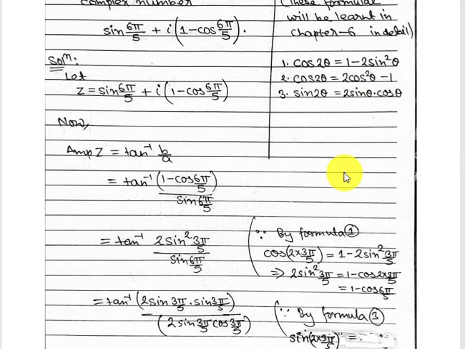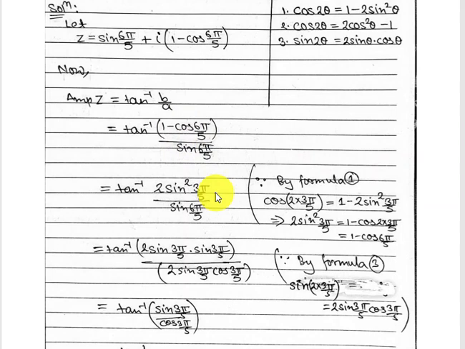So here we have something like that: 1 minus cos 6 pi upon 5. That means I have 1 minus cos 2 times 3 pi upon 5, then we'll get 2 sine square 3 pi upon 5. Here I have written the reason for it.